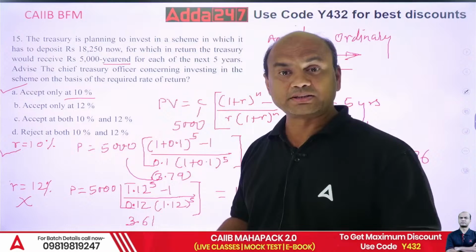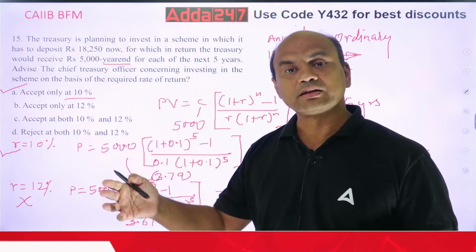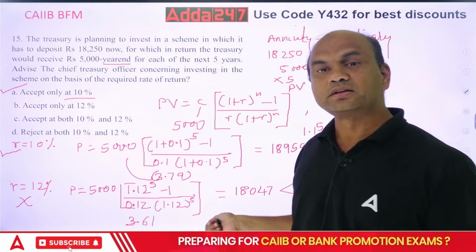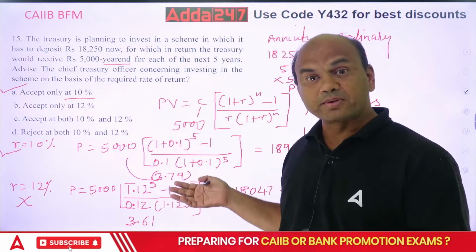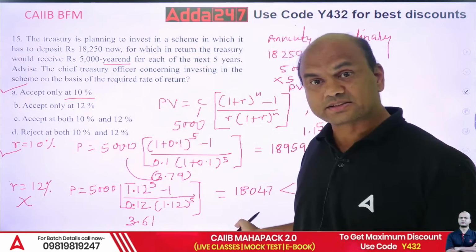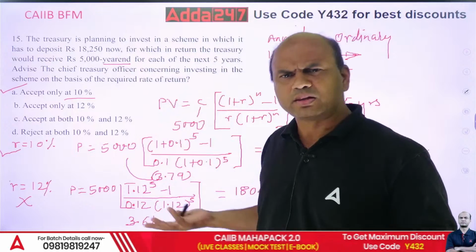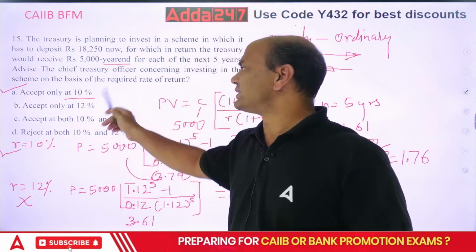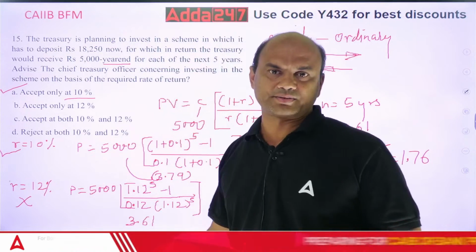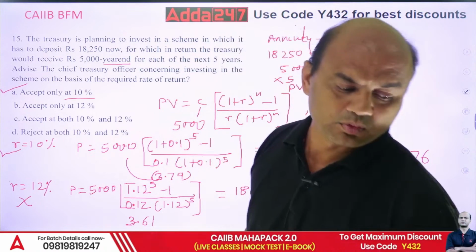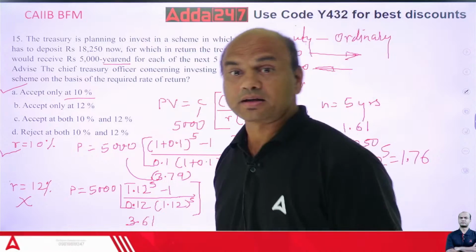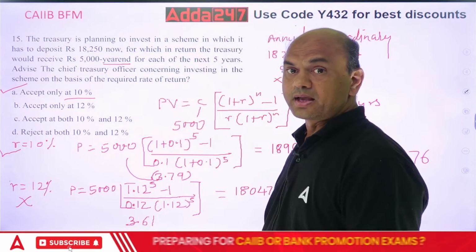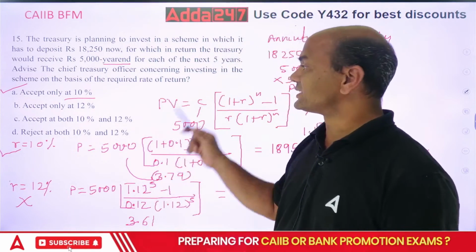The present value of whatever I am getting is less than whatever I am investing, so I will not accept it. I will reject it at 12% and accept it at only 10%. Kindly note this.